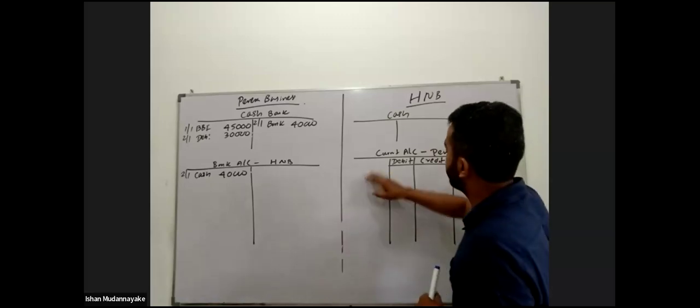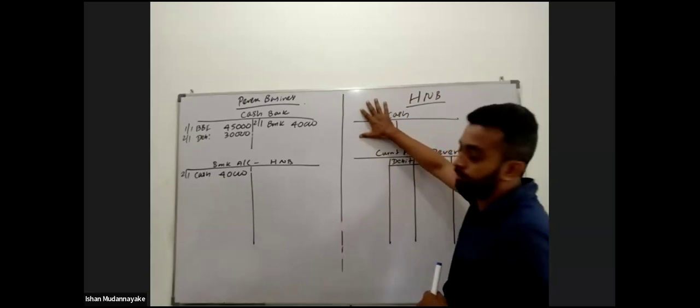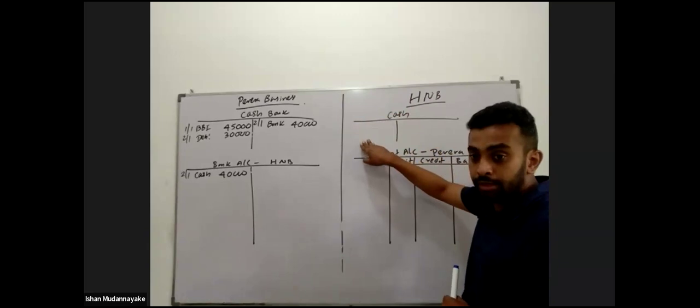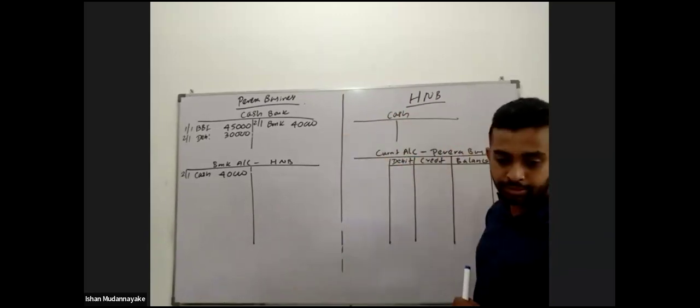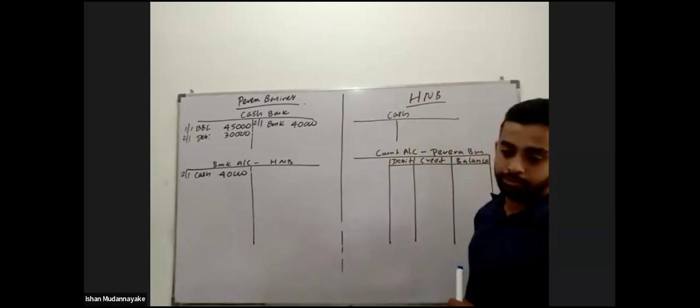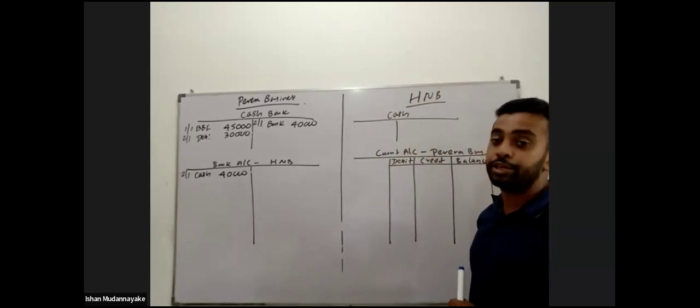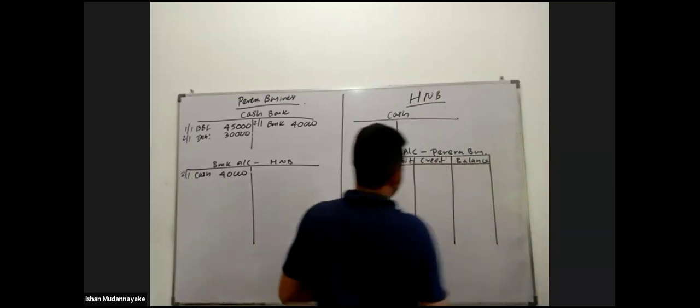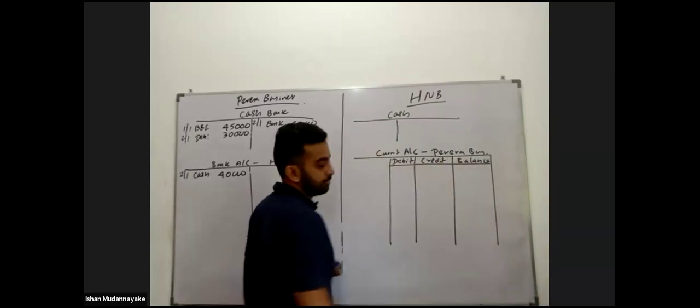Receiving cash, HNB cash book debit, cash inflow to the HNB business organization. Then HNB cash book debit 40,000. And then Pereira's current account credit.